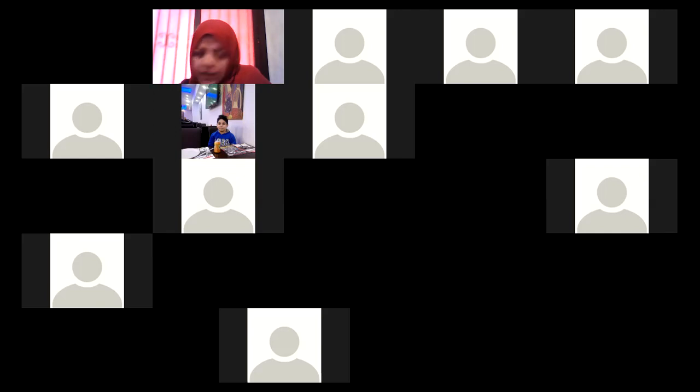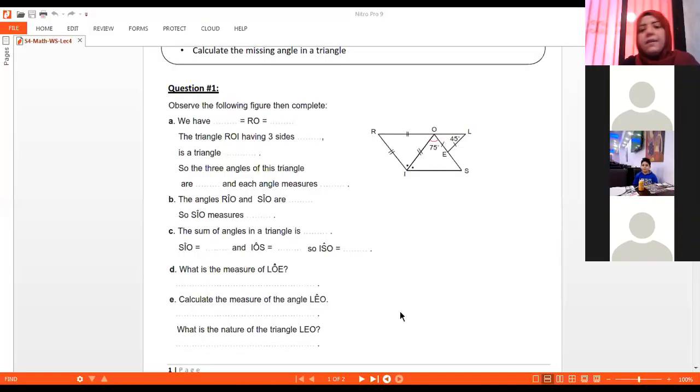Let us see the worksheet again. So this is the first exercise. For example, in this figure, we have RO equals RI and IO.